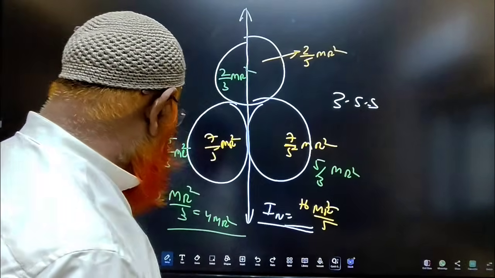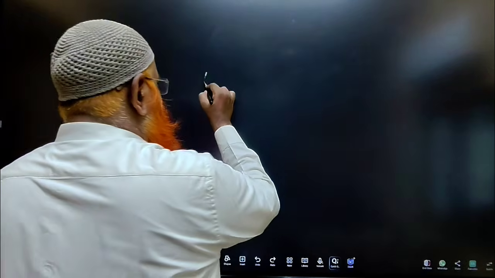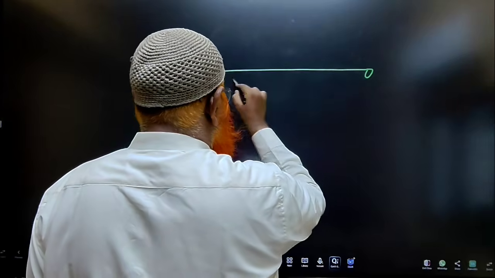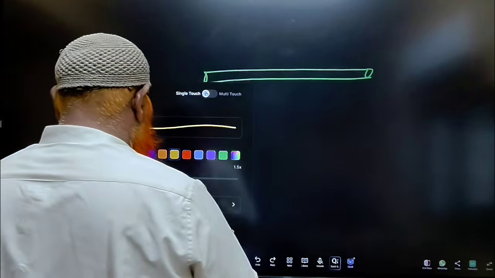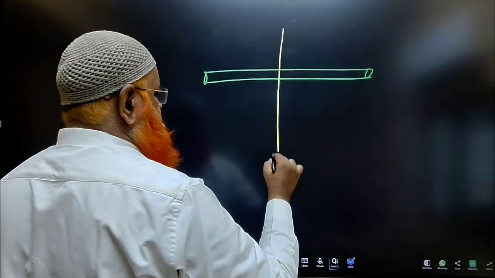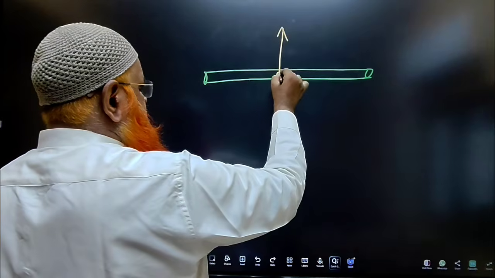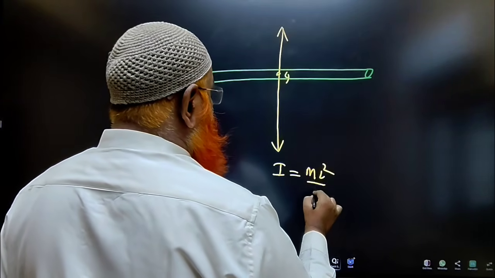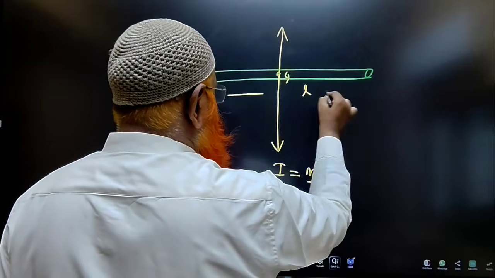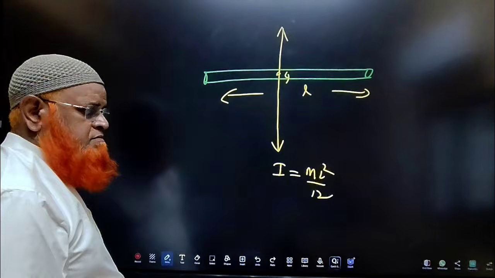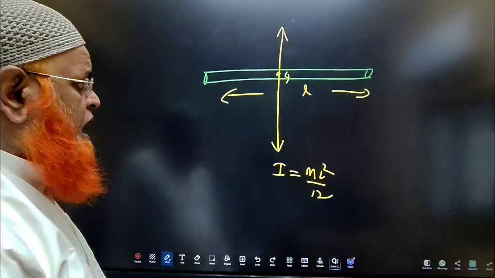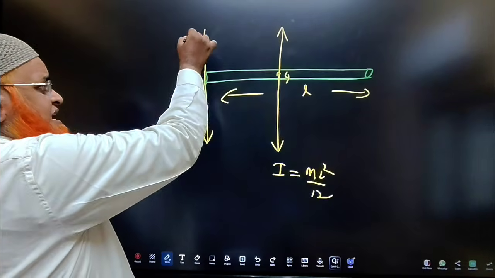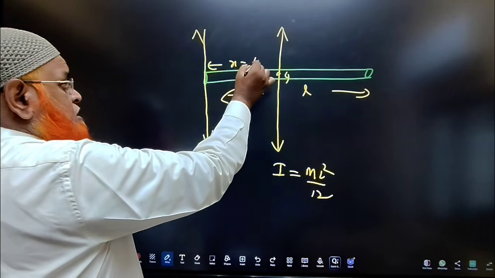Yes. Now let me discuss one more thing here. I have taken one rod. You know the rod. This is G. So moment of inertia for a rod is how much? ml square by 12 if the length of the rod is L. I want the moment of inertia with respect to some other axis where x equal to L by 2 here.